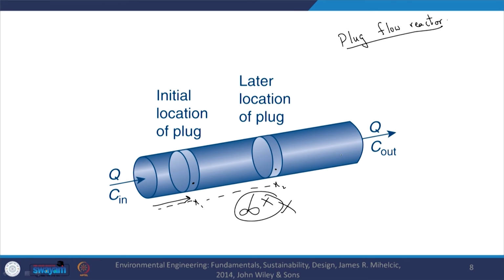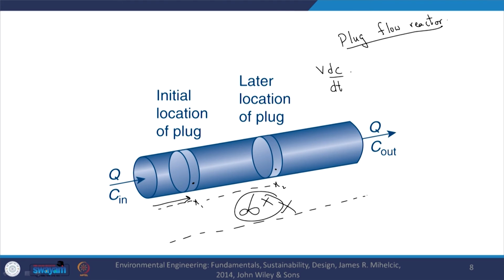So, within this control volume, this particular cylindrical shaped reactor, there is no mixing. So, how does the concentration change? The concentration changes because as the plug travels along the length of the reactor, it undergoes reaction, which will lead to loss of your particular compound. So, let us try to apply the mass balance equation here and see what the issue is, or can I directly apply the mass balance equation here?